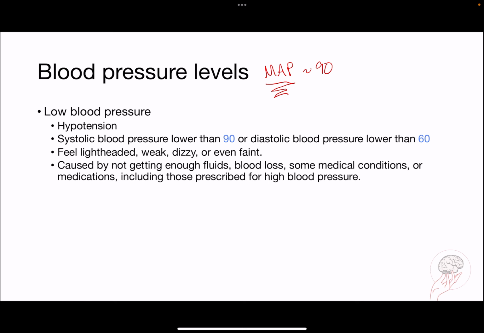I myself have fainted due to low blood pressure. And it can be caused by not getting enough fluids, blood loss, some medical conditions, and some medications. When I fainted, it was due to a vagal syncope.